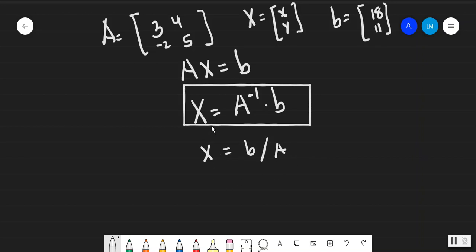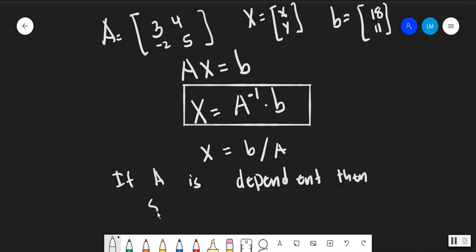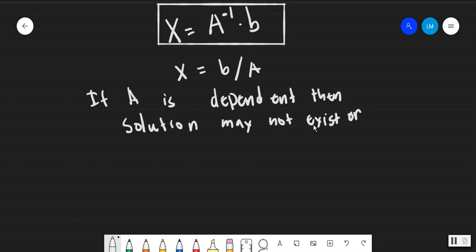But in the event that this matrix is what we call non-singular, so if A is, actually we'll say dependent, then the solution may not exist, or many.